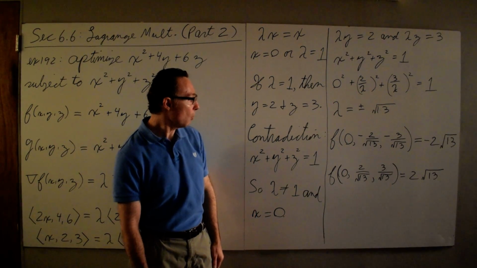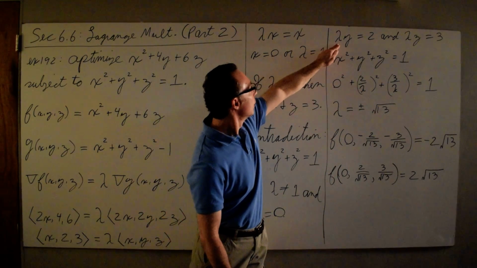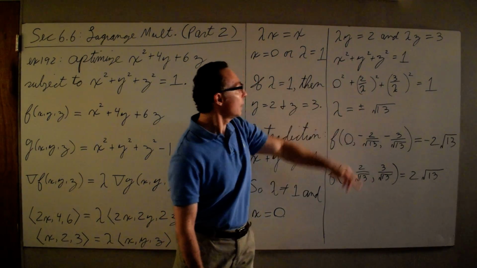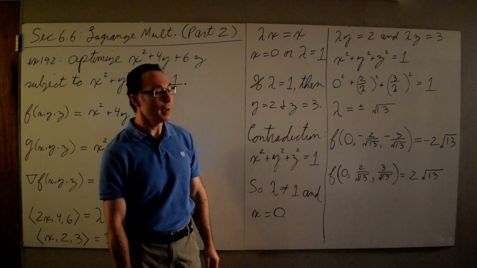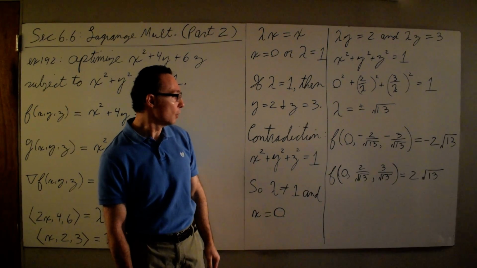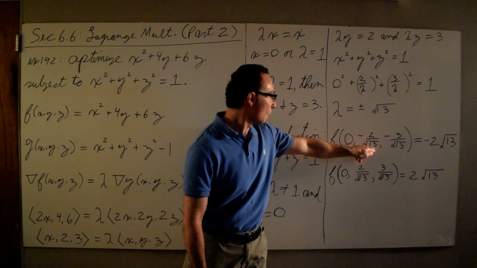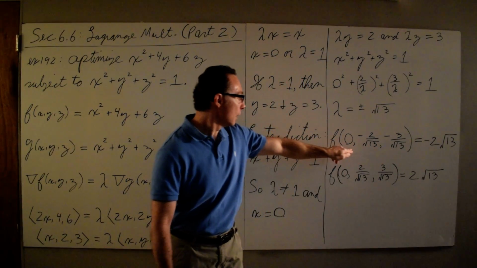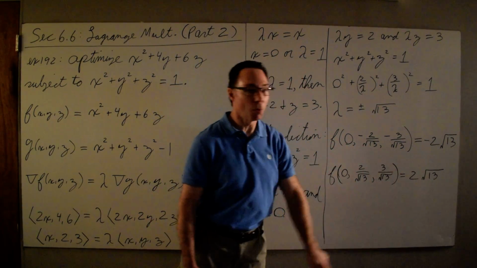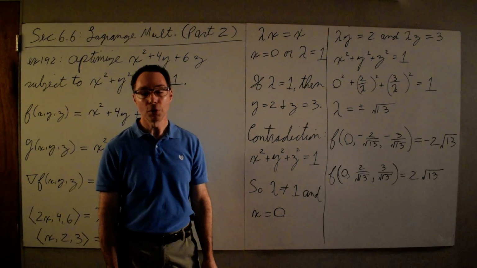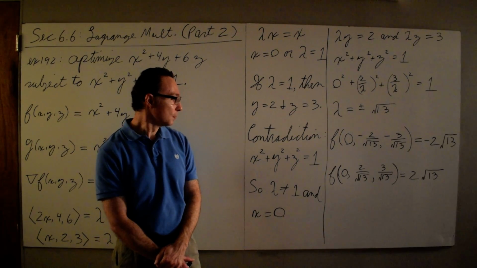So we look at the points. Remember, lambda y is 2, lambda z is 3, and now if lambda is negative square root of 13, here's our y, here's our z, and we calculate the function value at that point. We have negative 2 times square root of 13.